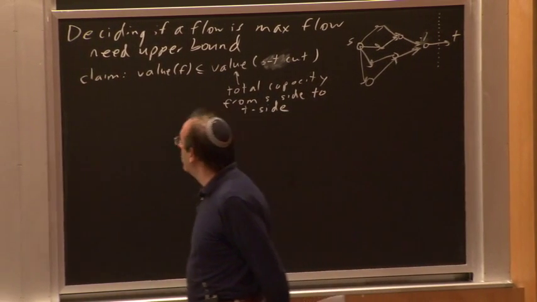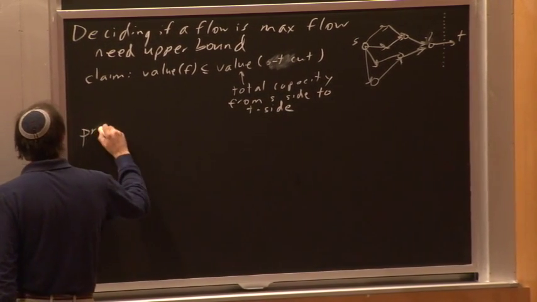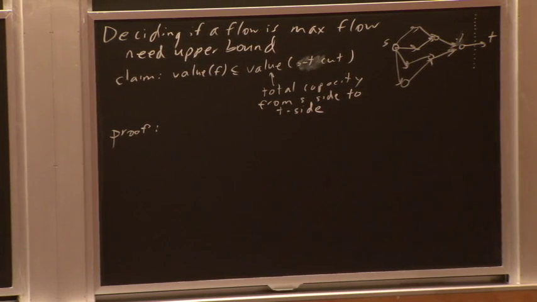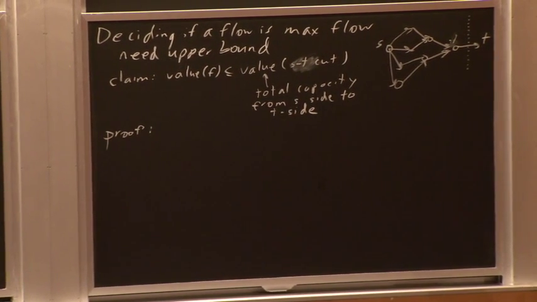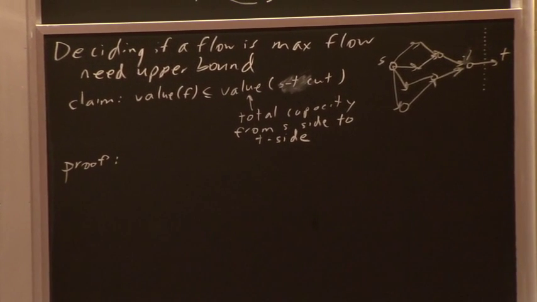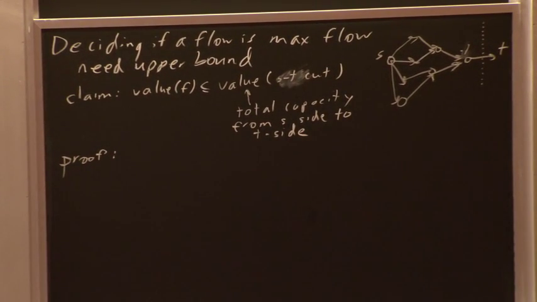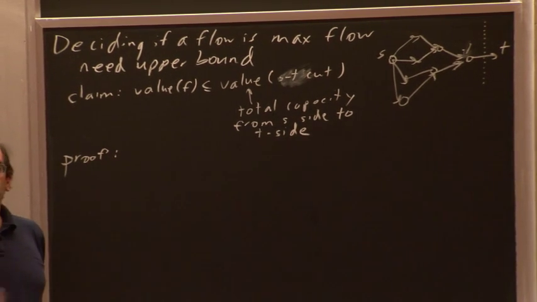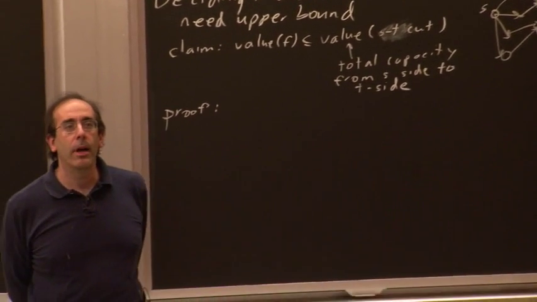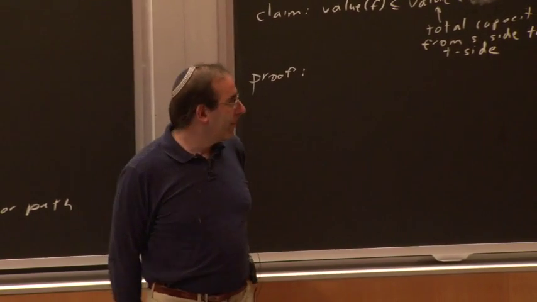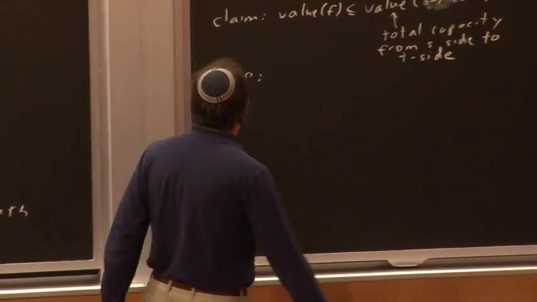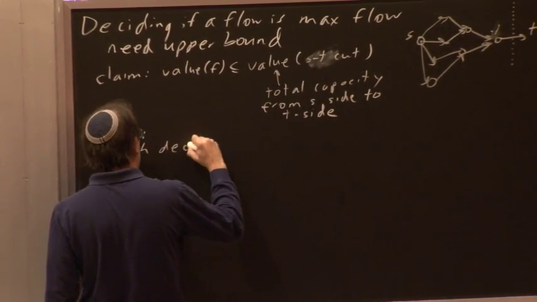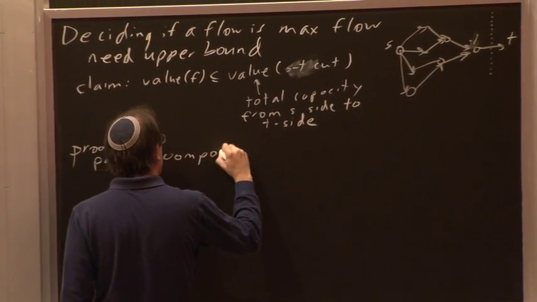Can we prove that? Physically, it seems intuitive, but how do we formalize? Yeah? Every path from S to T has to go through an edge on the cut. Excellent. So we again use path decomposition.